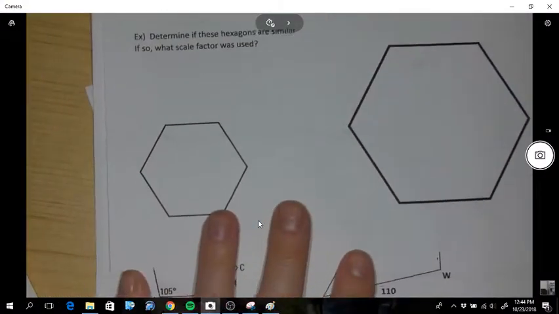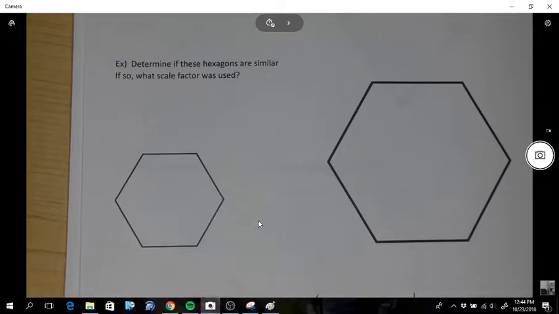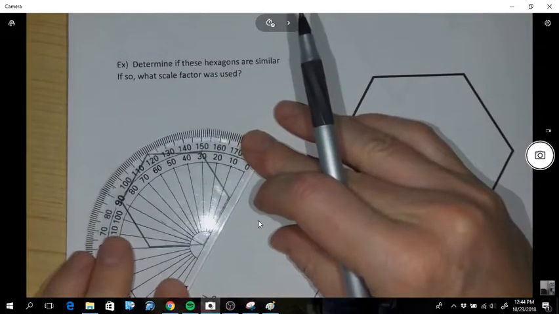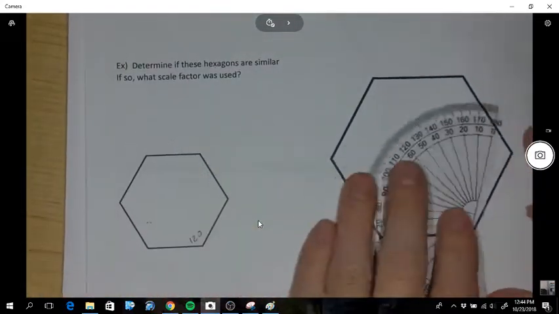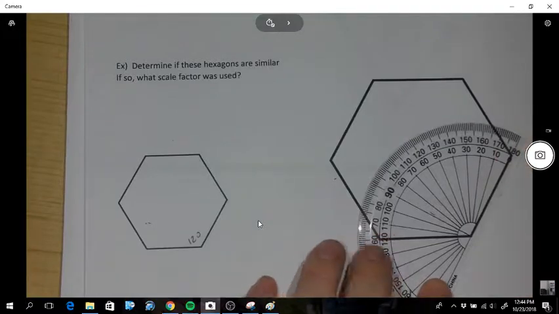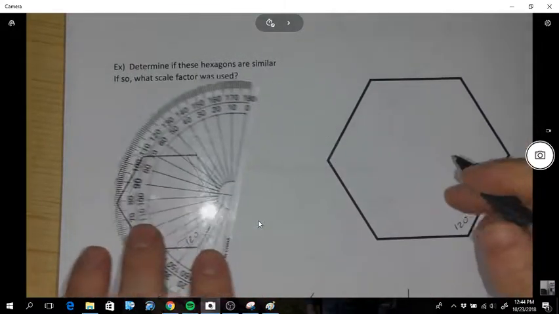So looking at this one, how can you tell if they are similar? So to tell if they're similar, you need to determine that the angles in the corresponding spots are equal. So measuring this, it's 120. If I measure this, it's 120.